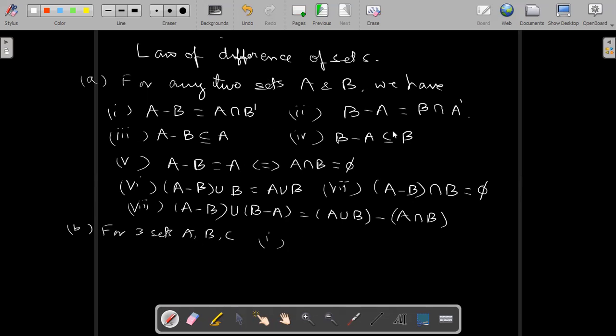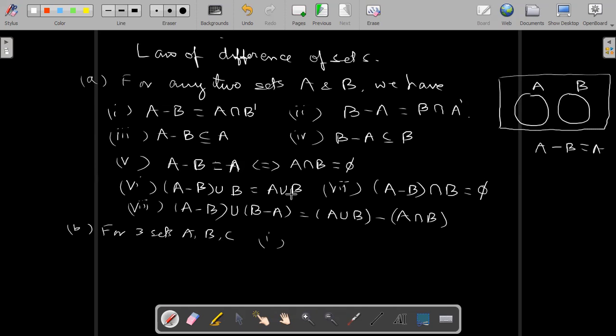Fifth property: A minus B is equal to A if A intersection B is a null set, meaning there is no common element. If A and B have no common element and you want to find A minus B, there is nothing to remove, so it will be equal to A. So null set means they are disjoint. If A intersection B is a null set, that means they are disjoint sets.